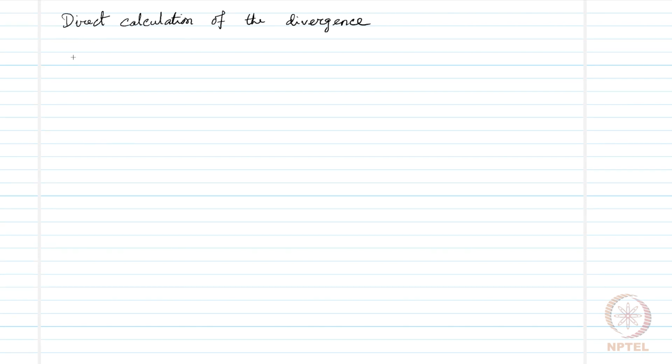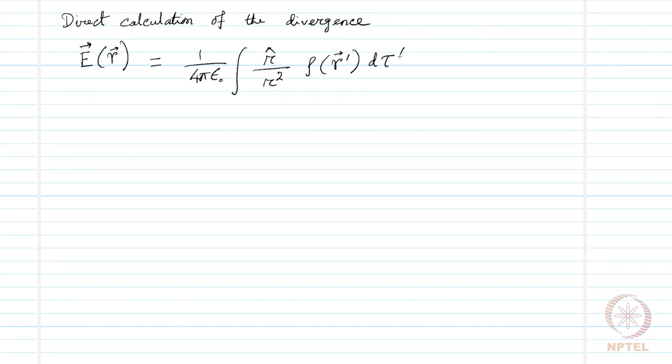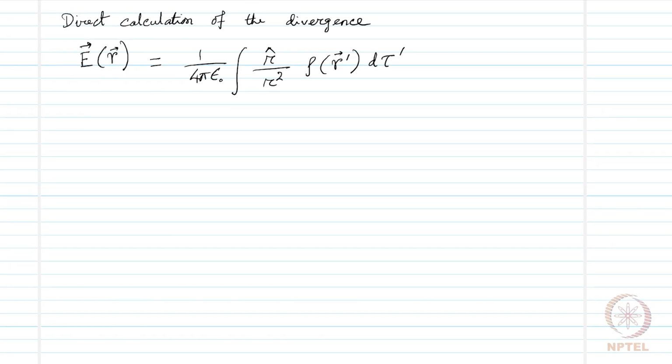If we have a volume charge density rho as a function of r prime, then the electric field at a position vector r for that can be given as 1 over 4 pi epsilon naught integration of r cap upon r squared, the volume charge density rho of r prime d tau prime, where primed coordinates are the coordinates of the source charge reference frame, and we have to perform this integral over all space.